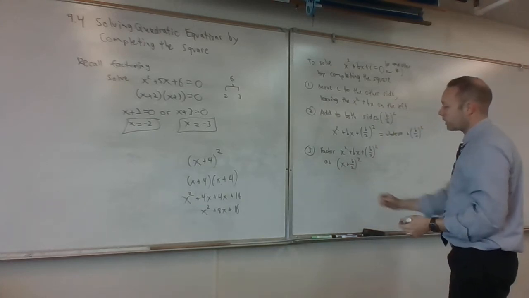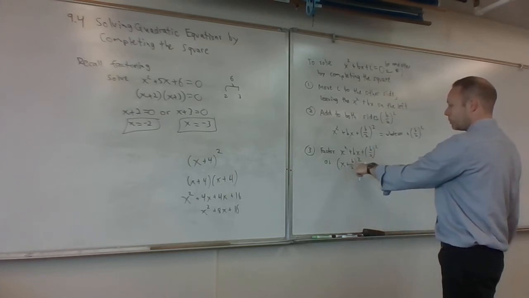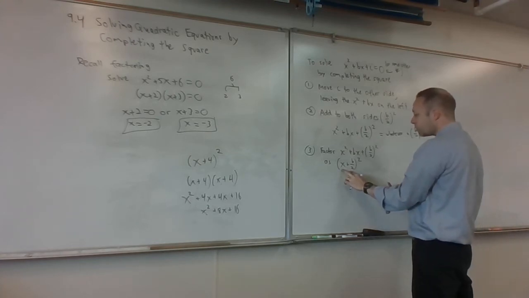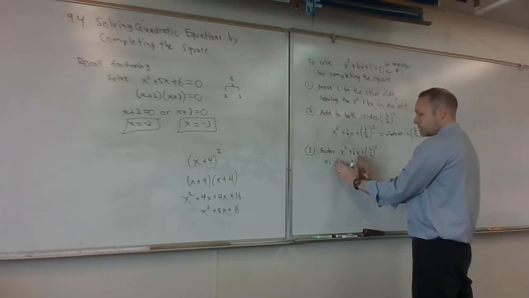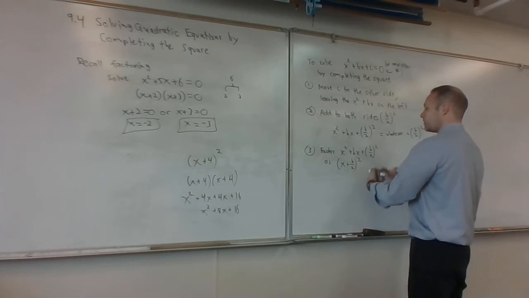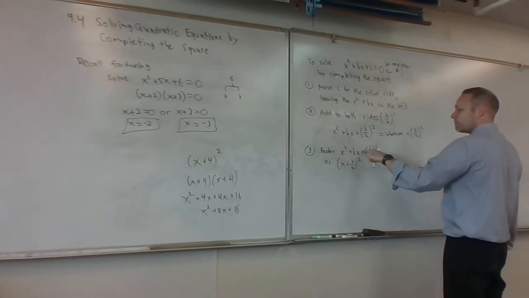Maybe we'll look at one where you can see this pattern work with the numbers. And if you're ever in doubt, you can always take these two terms times those two terms again and multiply it out, and it'll take you back to what you started with. So what we have here is factor that.